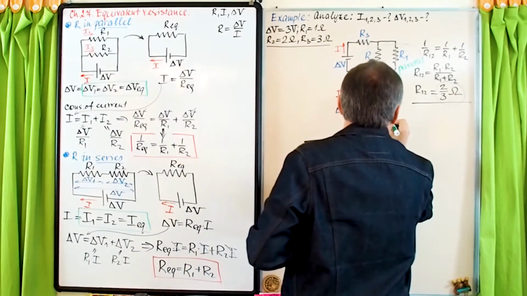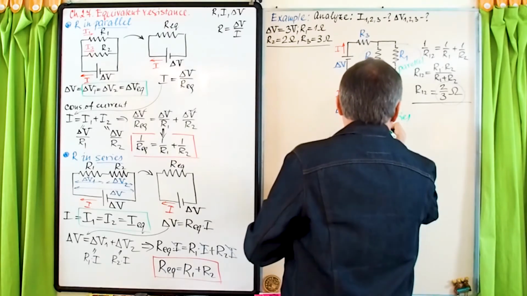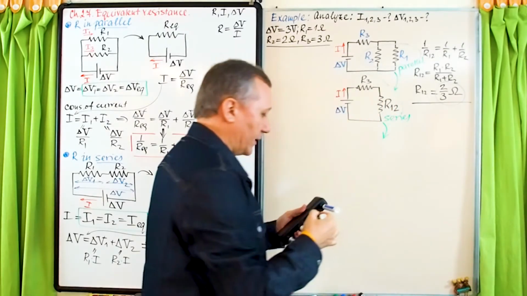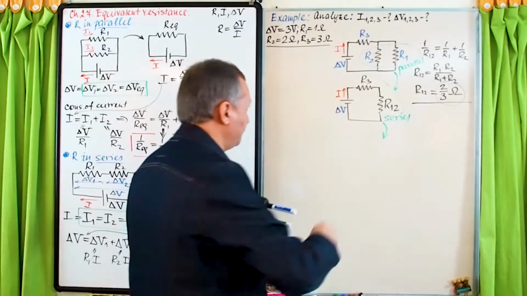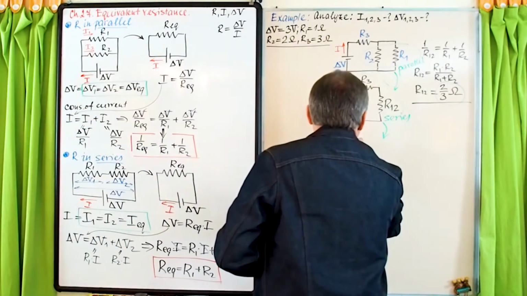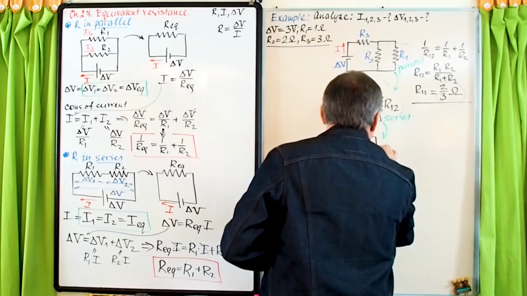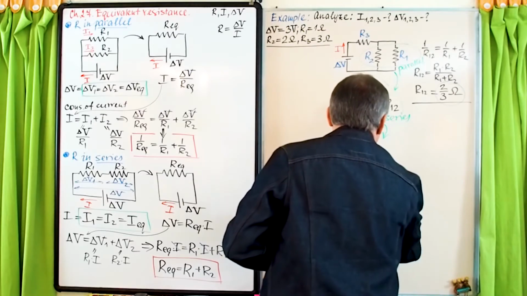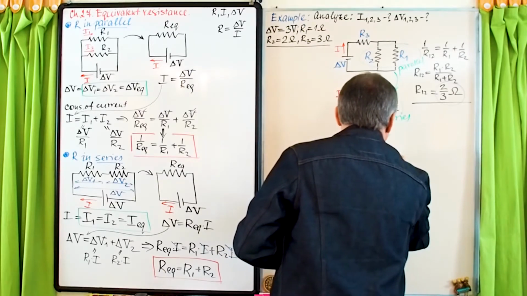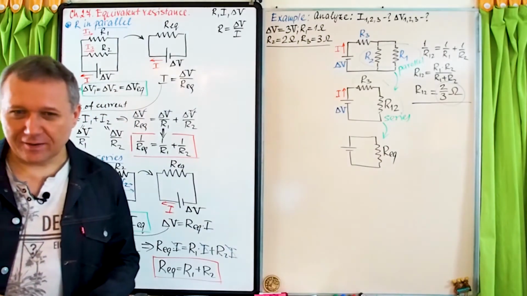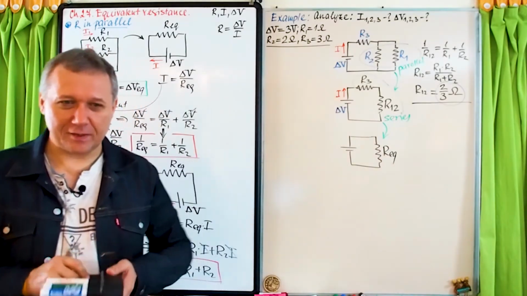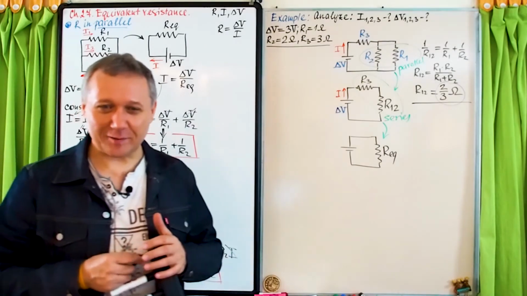Connected in series, so as a result, we can simplify and create the simplest possible circuit: a battery which works still in the same way, then an equivalent resistor, which I will label R equivalent because it's the final, the ultimate equivalent resistor.